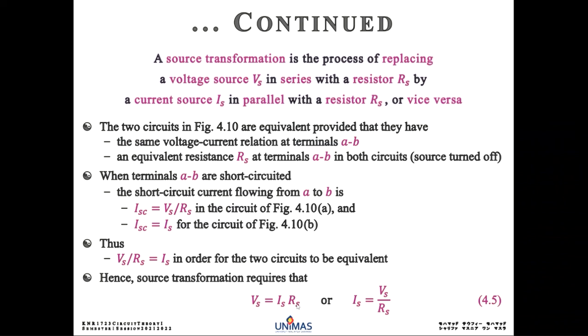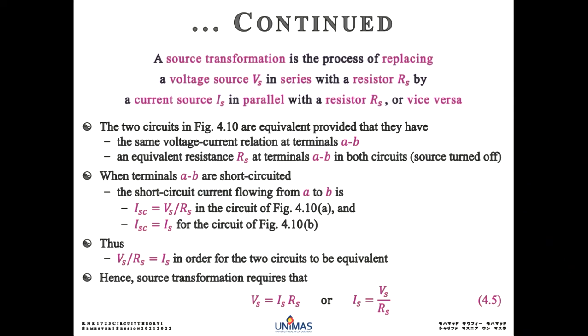Or if you want to transform the voltage source into a current source, the current source Is is equal to the voltage source divided by the resistor in series with the voltage source, Rs. Either way, the Rs will be equal.